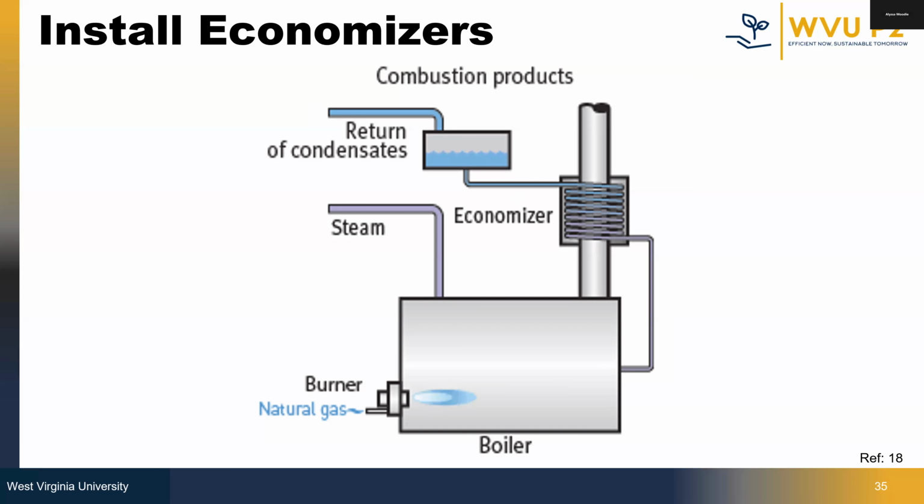And based on the implementation cost of an economizer for this size boiler, which is around $5,000 to $7,500, we're looking at a payback period of 2 to 4 years.